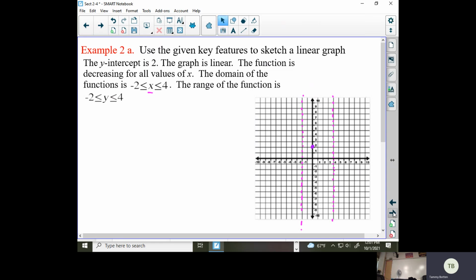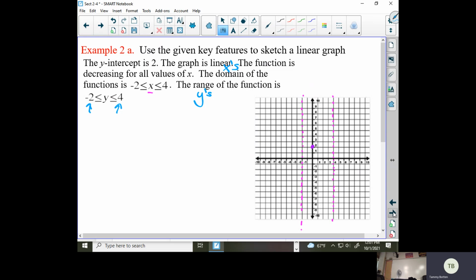And remember, domain is always your x's, range is always your y's. So the range is on your y-axis, that goes from -2 to 4.